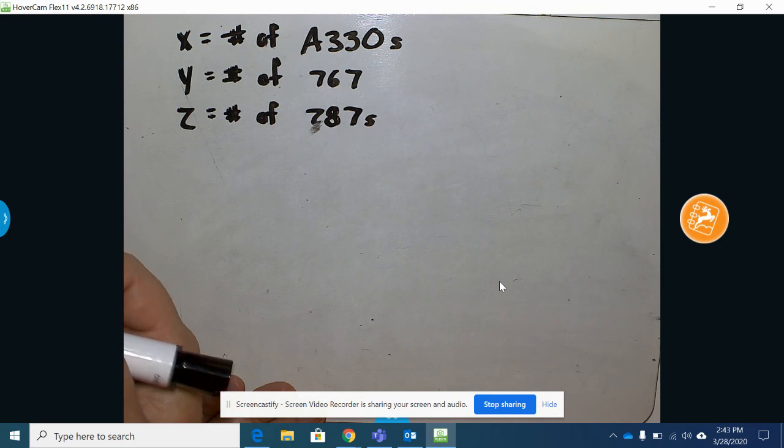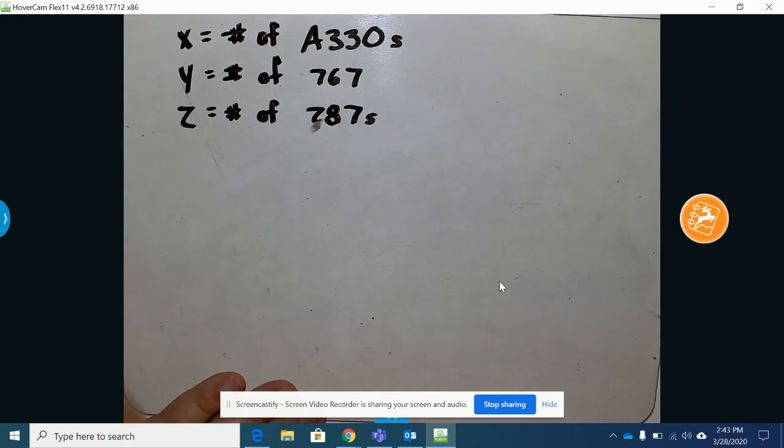Okay. So now, what do we know about each? We know the capacity, so how many seats they have, and we know the price.